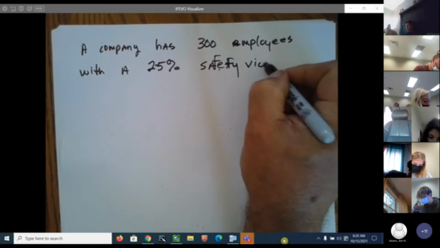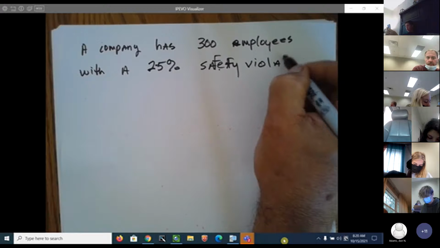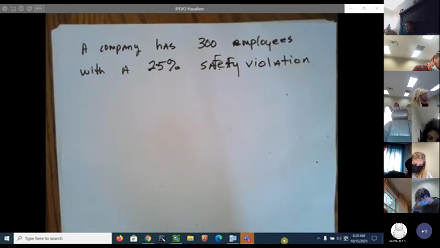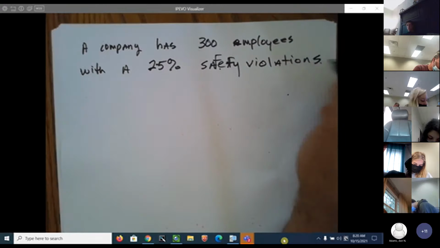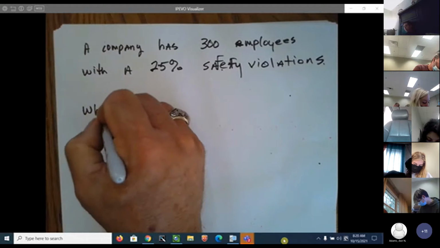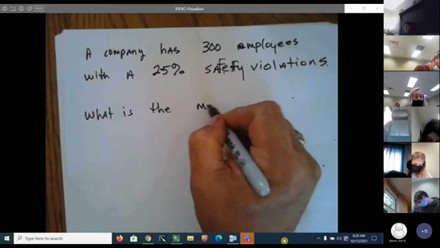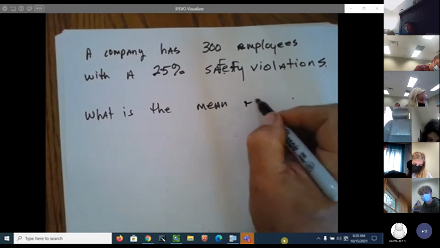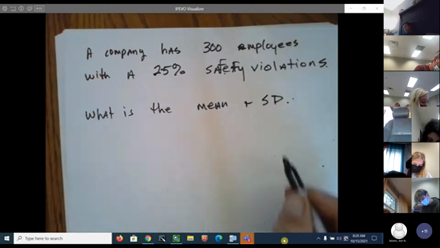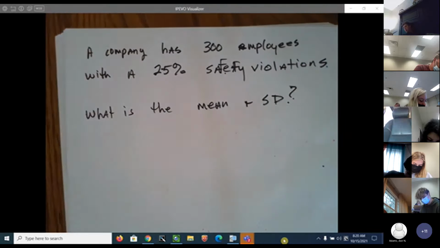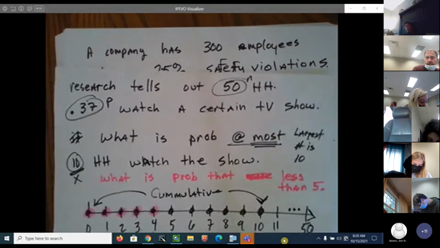In other words, they have problems with safety. What is the mean and standard deviation? Here, these two problems ask for two separate things.